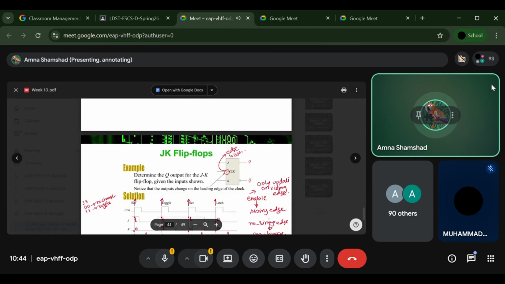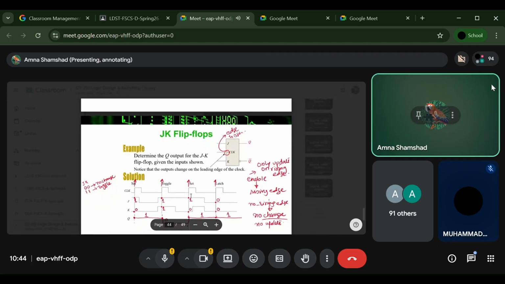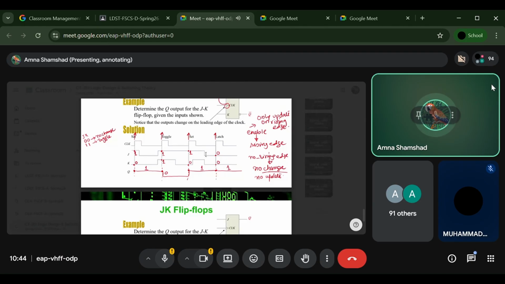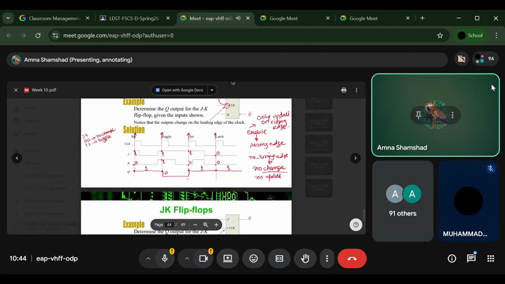So what we have to do, we can simply check this clock signal. We have this clock, and then this is my J input. J input means initially it is 1, then it becomes 0, then it is 1, then 0.